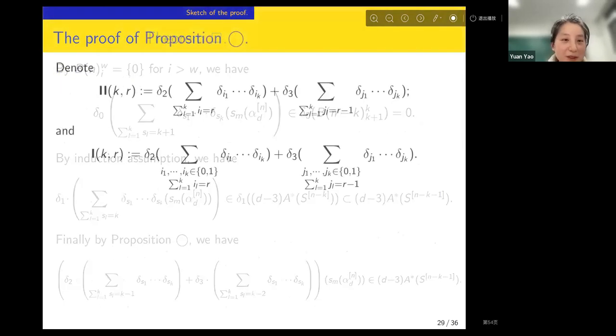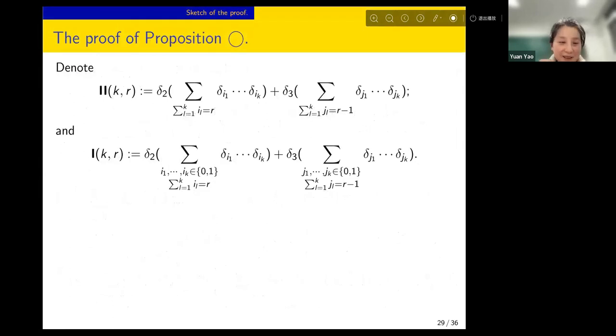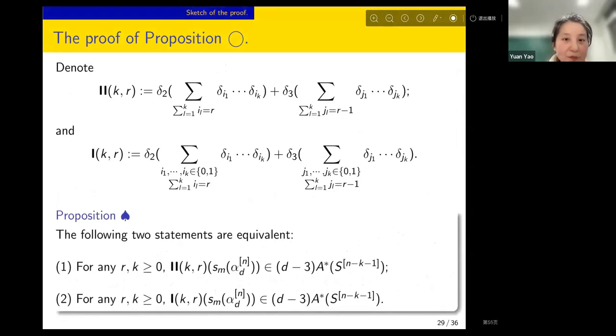Okay, now we have to prove this proposition. So we need more. I think this double I is exactly the proposition, the determining proposition. But we have the single I, which is a bit different.